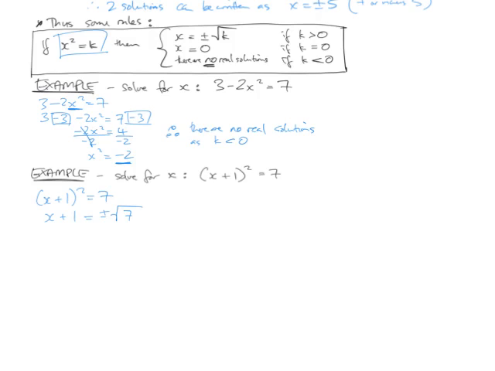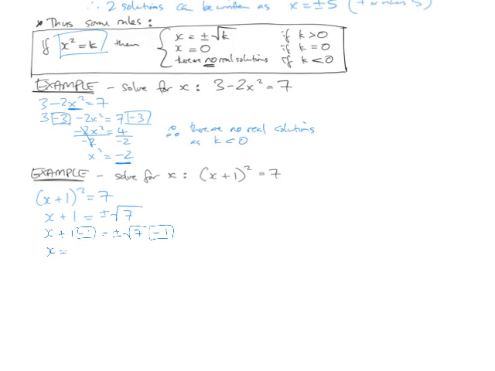So now we have x plus 1 is equal to plus or minus square root of 7. What's the opposite of adding 1? Taking 1. So I need to take 1 from both sides. Minus square root of 7, take 1. And so you have x is going to be equal to, and it's preferred to write it in this order.